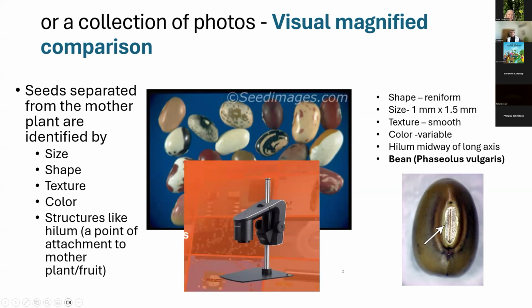So as technology improves over time, access to microscopes that can take really high quality, high magnification photographs are one of the benefits of having a seed herbarium that's virtual.